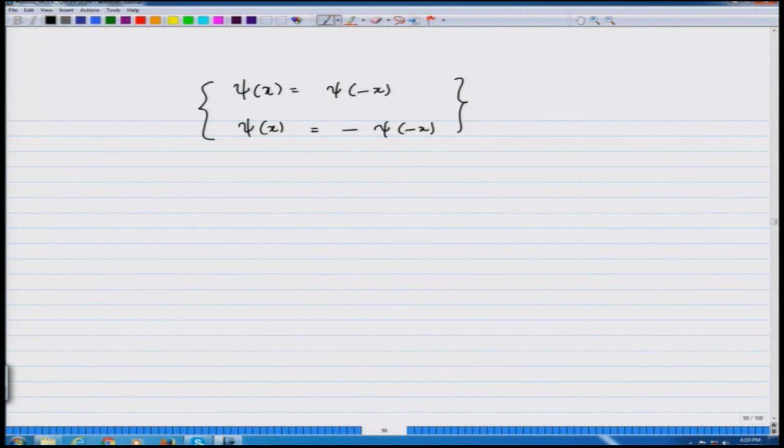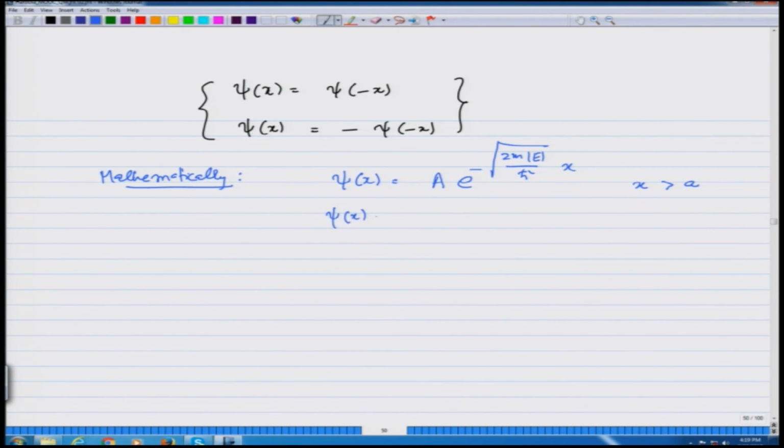If you want to do it mathematically, what you would say is psi x is equal to a e raised to minus square root of 2 m mod E over h cross square x for x greater than a.